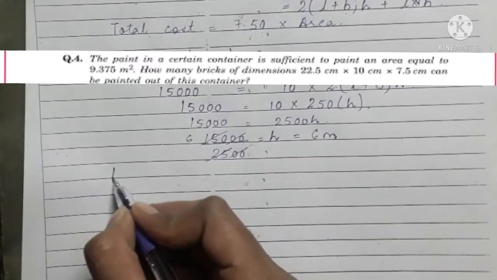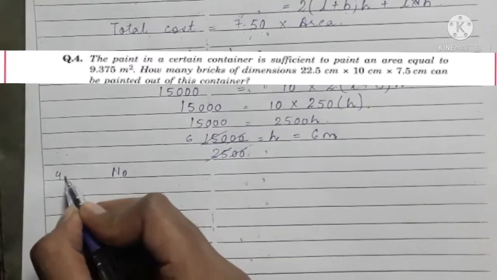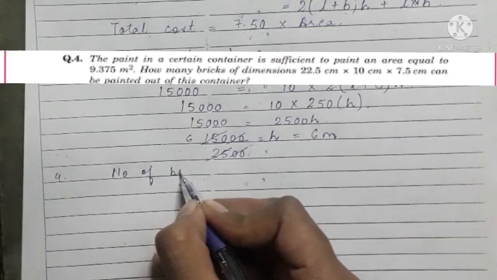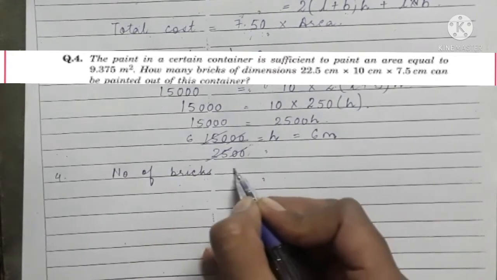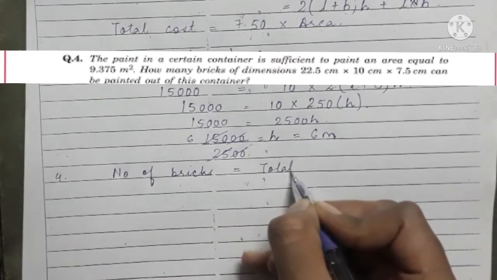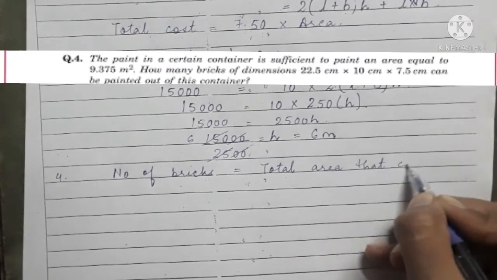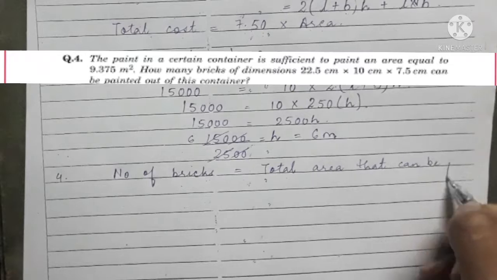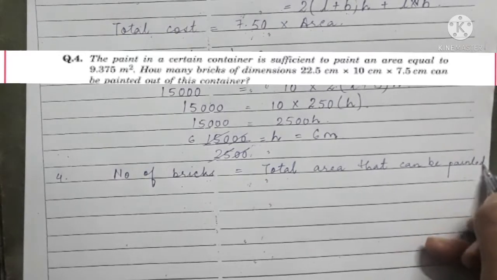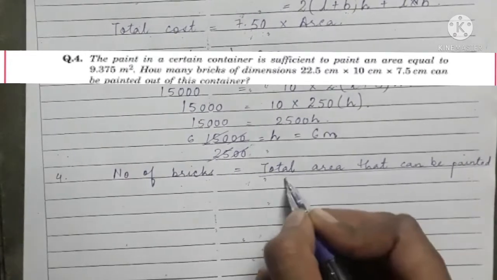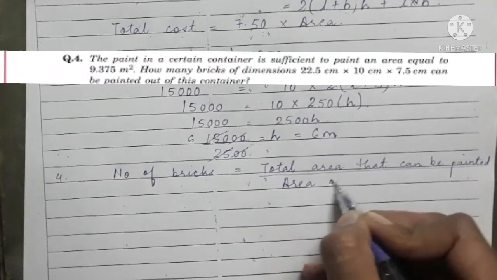So the formula used is question number 4. Number of bricks is equal to total area that can be painted divided by area of one brick.